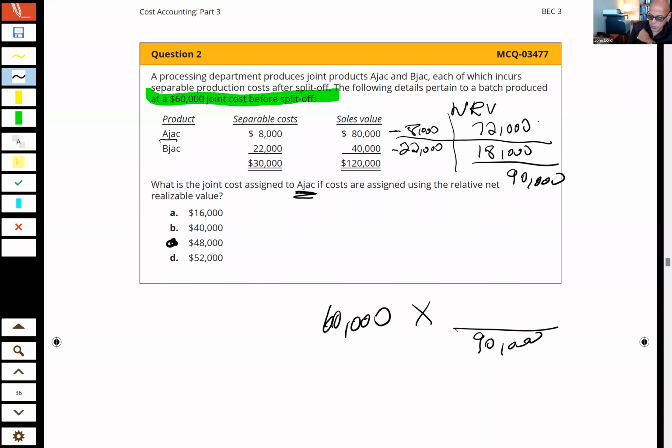And for the numerator, since they asked us about AJAC, we pick up the cost associated with AJAC of 72,000. We apply it, and we get the 48,000 that would go to AJAC, the product they asked us for. I mean, I talked through it, and I think that was probably less than a minute that I just used to describe that. You can work it that fast.